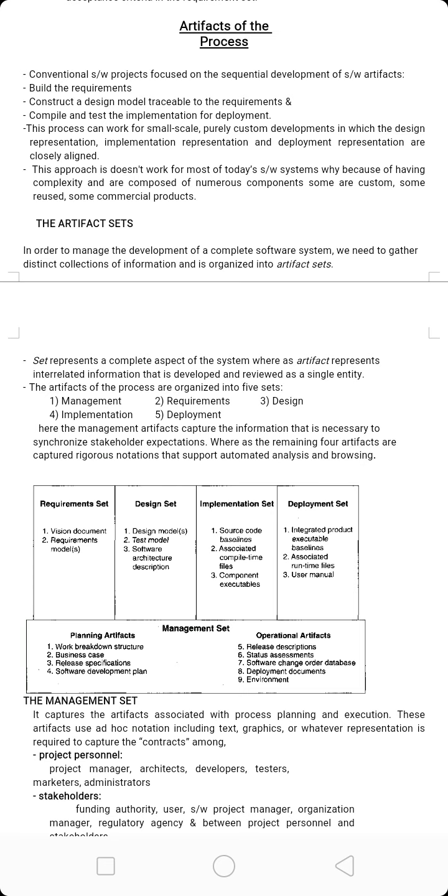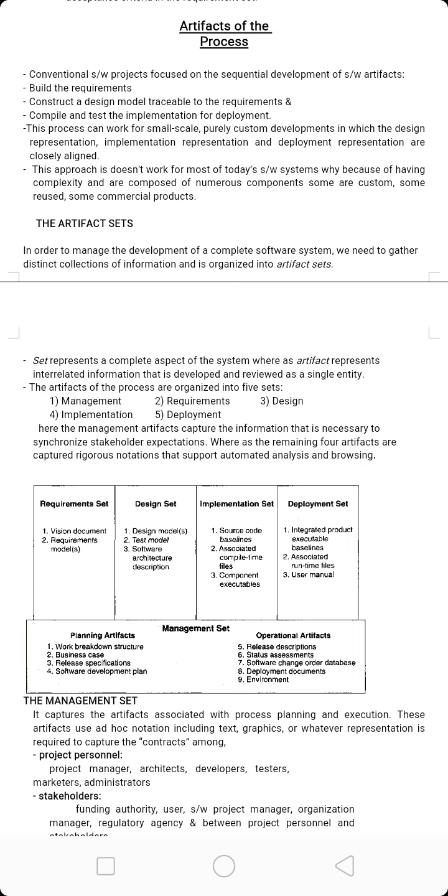While a set represents a complete aspect of the system, an artifact represents cohesive information that typically is developed and reviewed as a single entity. Here we are taking the artifact set, which represents a complete aspect of the system. An artifact is representing the information which is used to develop and review the entities.